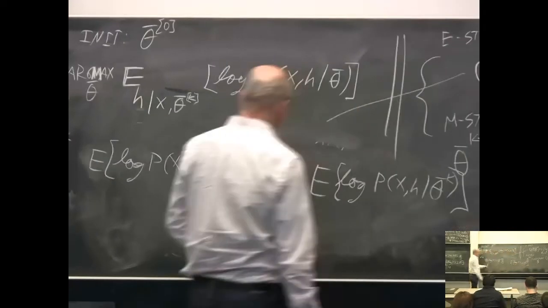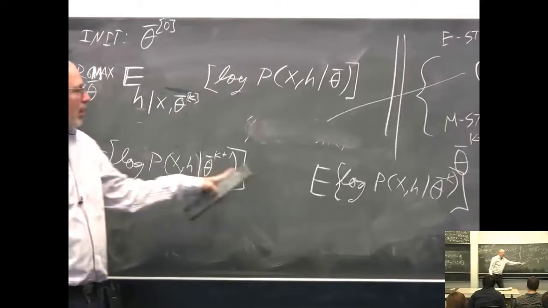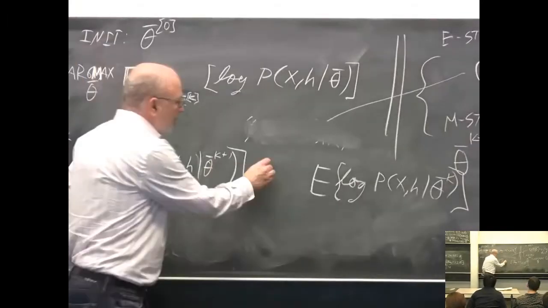So I wrote the same thing twice, but this is for k plus 1. This is for k. This is greater or equal.